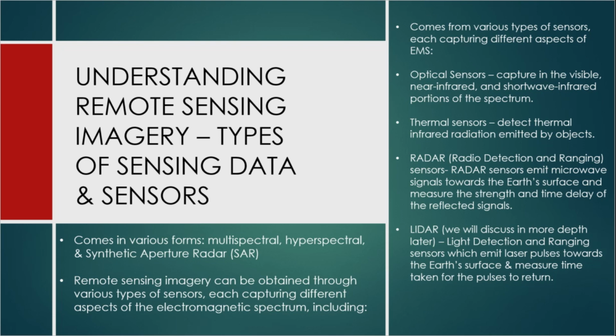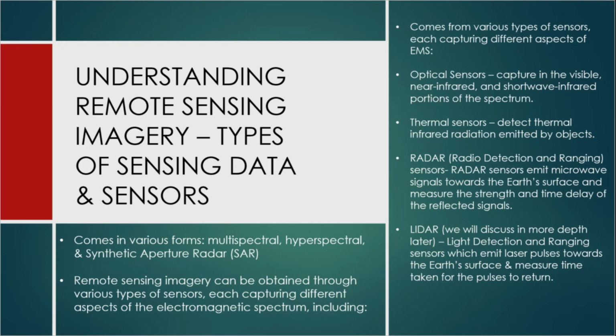So these sensors capture electromagnetic radiation in the visible, near-infrared, and shortwave infrared portions of the spectrum. They are commonly used for capturing detailed surface features such as vegetation, land cover, and urban infrastructure.